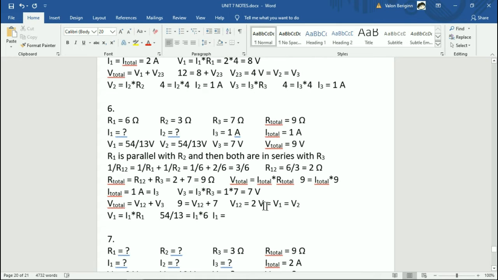Because they're in parallel, these are all 2. And this is 2. Okay. Now we can solve for this, and it's a lot easier. So we have 2. Current is 1/3.